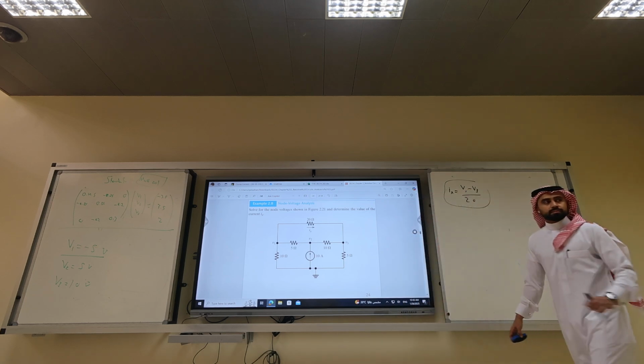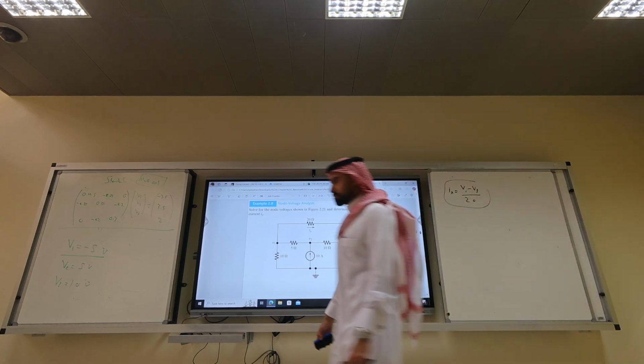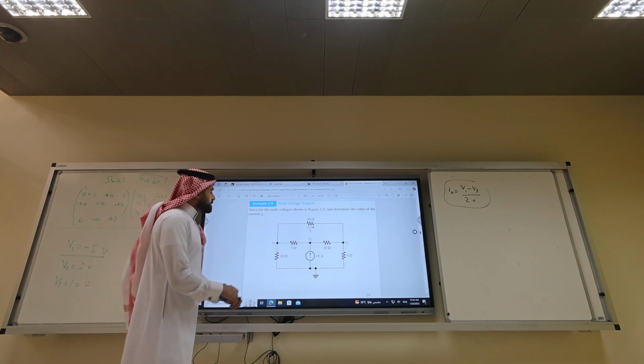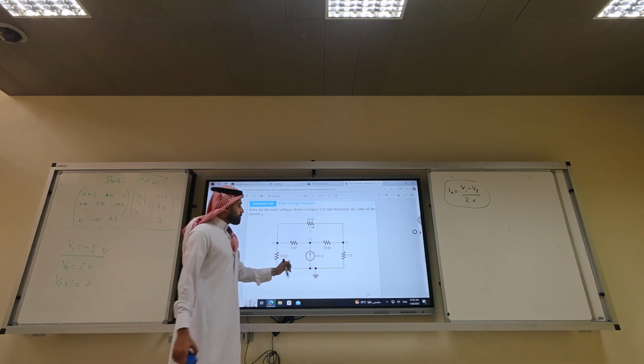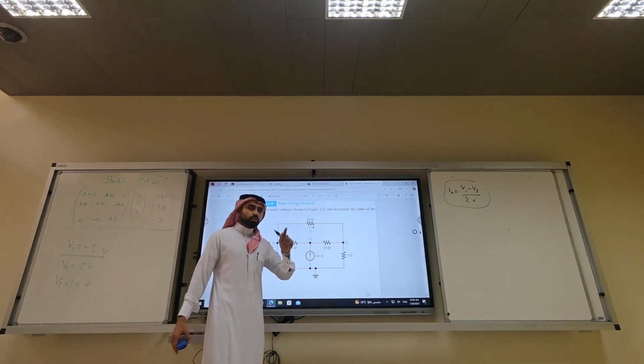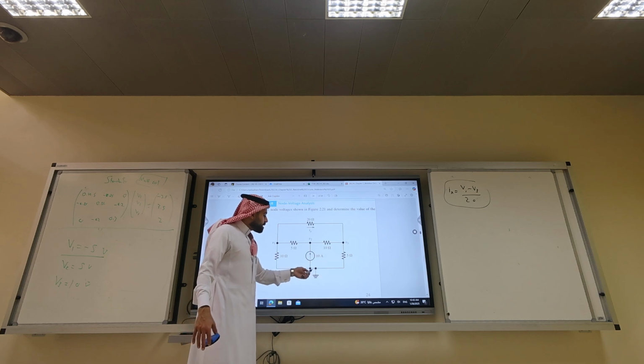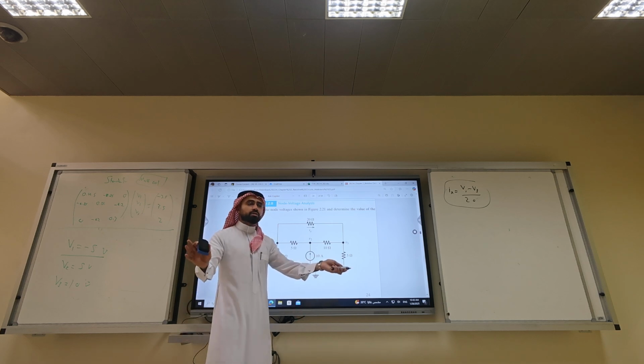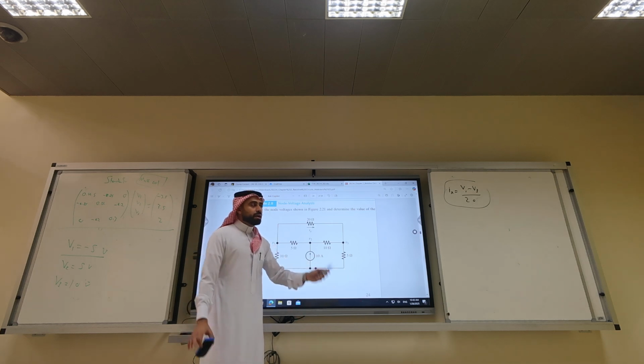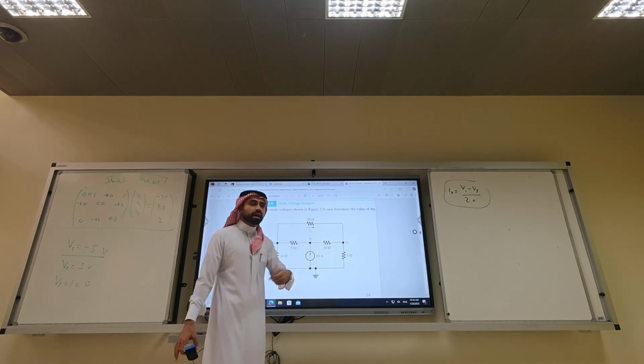Doctor, here, does it make sense that the current comes from the ground? No, there is nothing. Okay. Again, I told you, current source, it imposes in your circuit the model. The current, when it goes to the ground, it doesn't mean it goes in the ground and vanishes. No, it doesn't mean that. Ground has nothing to do with where the current goes.